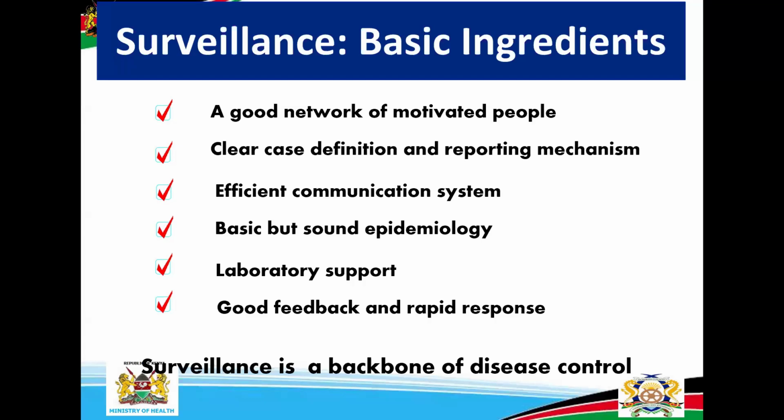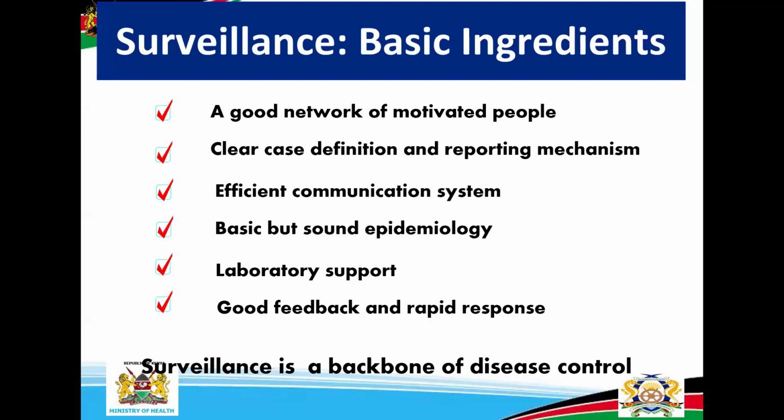Then the basic but sound epidemiology. You should have basic but sound epidemiology, like doing the descriptive analysis. It's very important, because that's when you are able to do the data analysis. And then there is also lab support, because surveillance cannot work in isolation.